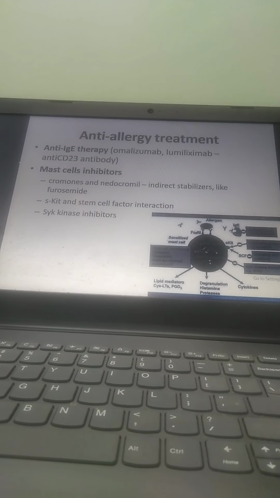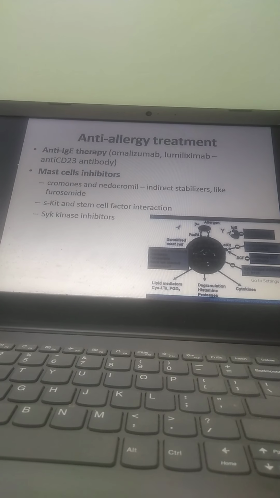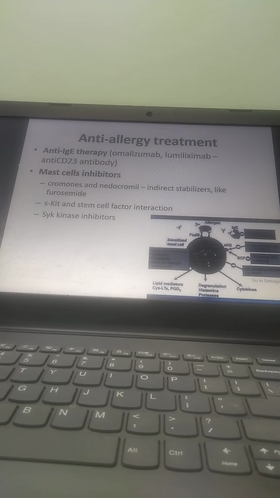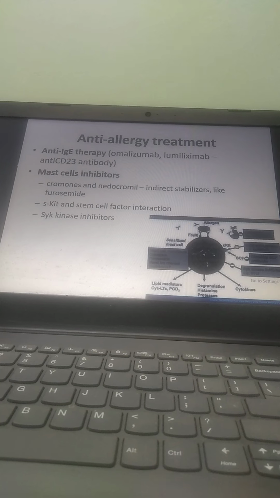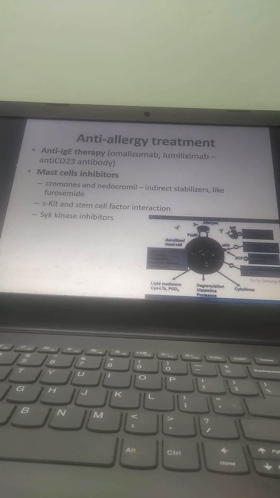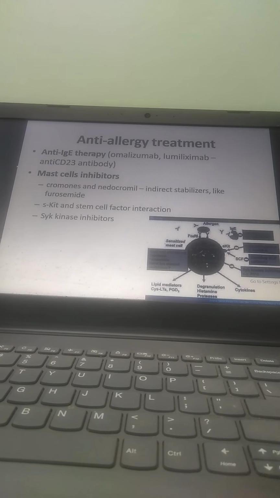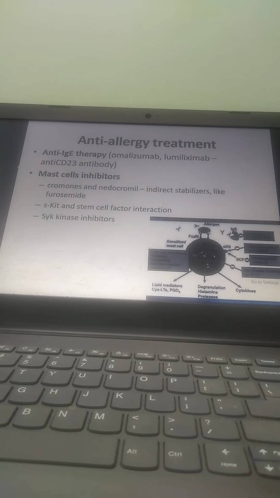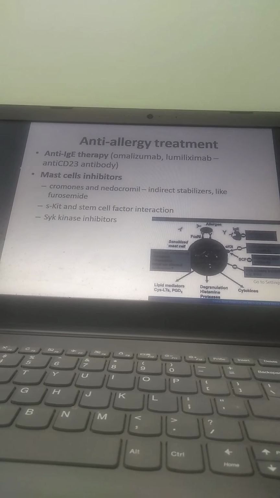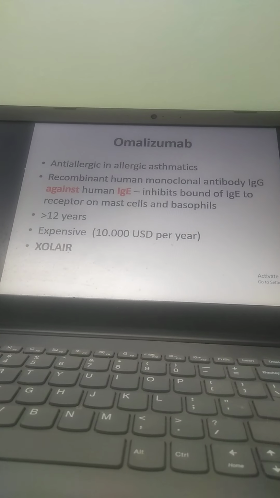Now, anti-allergy treatment, we have anti-IgE therapy, omalizumab, lumiliximab, and anti-CD23 antibody. Mast cell inhibitors, we have chromones and nedocromil, indirect stabilizers like furosemide. And these are the newer anti-allergy treatments, because of anti-IgE and mast cell inhibitors.